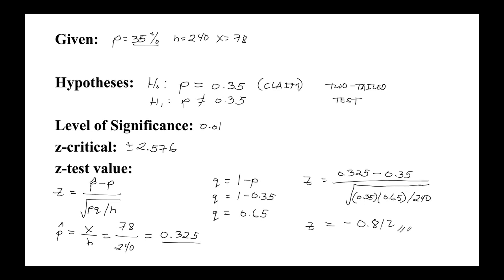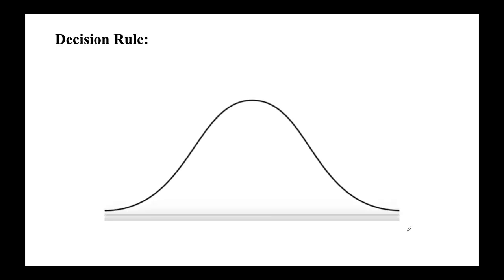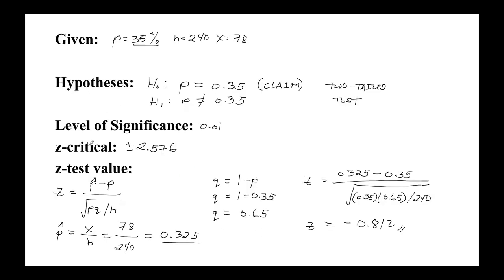Now, let's take a look at our decision ruling. So, let's have our decision rule here. 0 ulit dito. Since this is a two-tailed test, sabi natin ang critical value is 2.576, positive and negative.